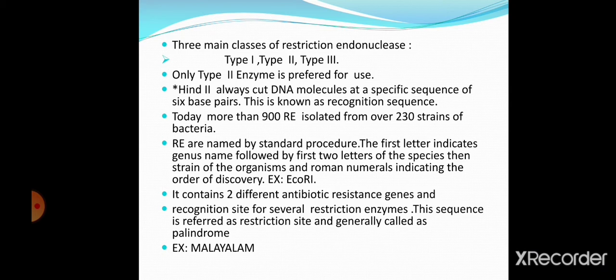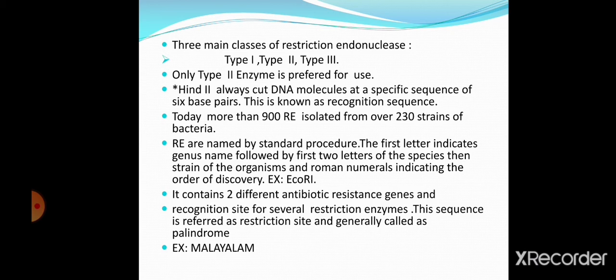What do we mean by the word palindromic? Palindromic means that the sequence in both DNA strands at this site reads the same. There are two strands which run antiparallel to each other. One runs in the 5' to 3' direction, and the other also runs in the 5' to 3' direction.